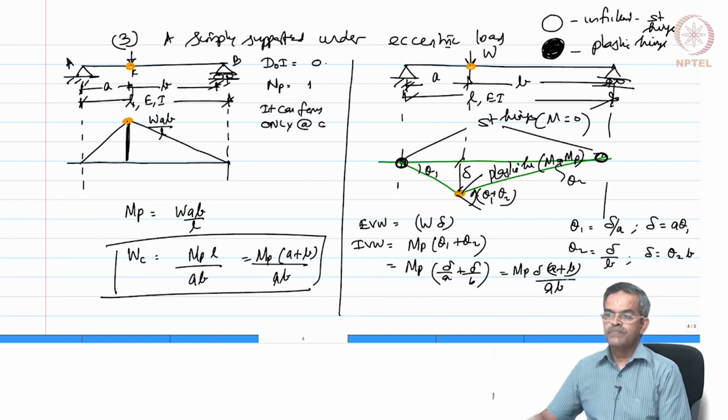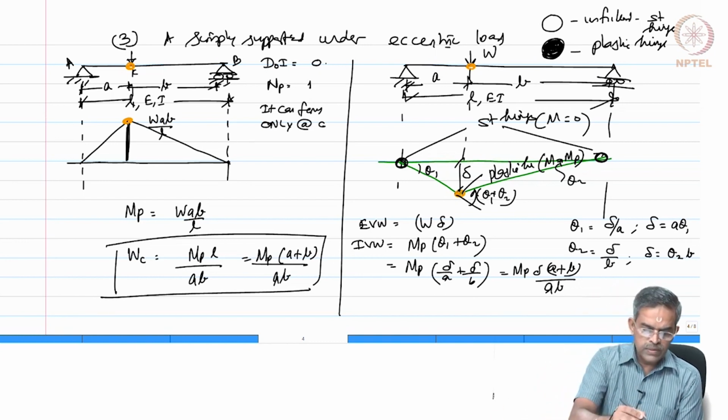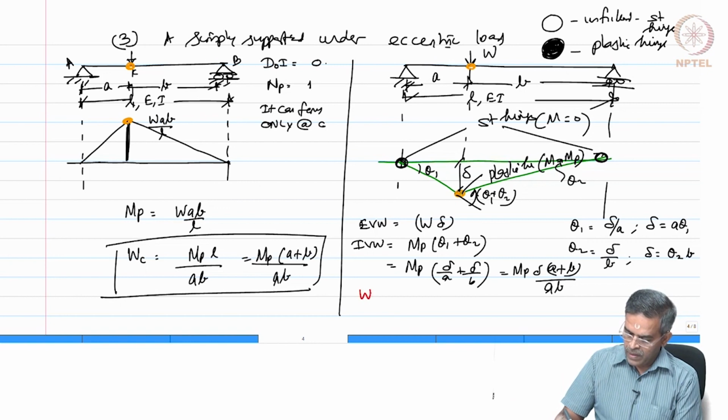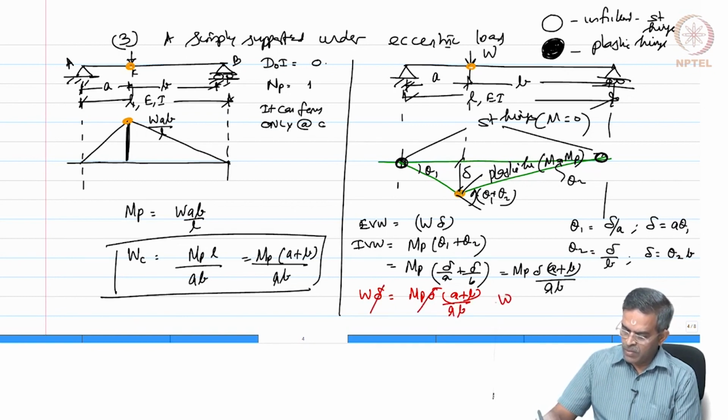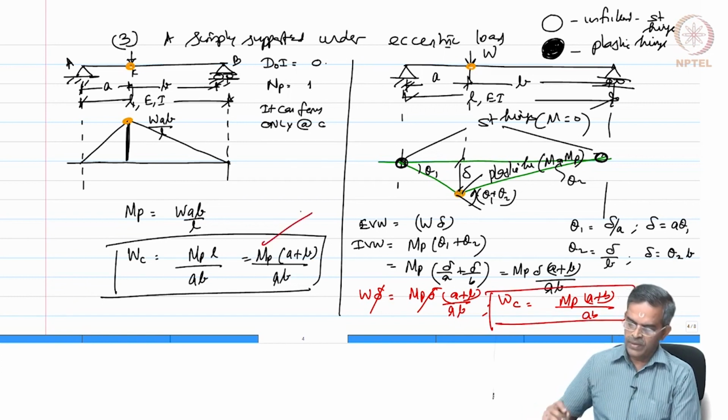Okay. So, we should equate this. W del is MP del into A plus B by AB. So, del goes away. So, WC is MP into A plus B by AB, which is same as we have here.